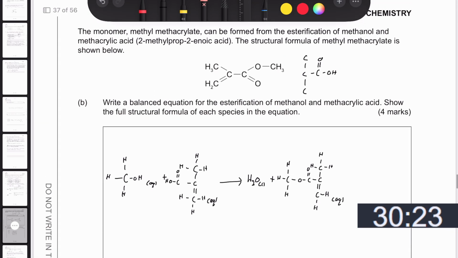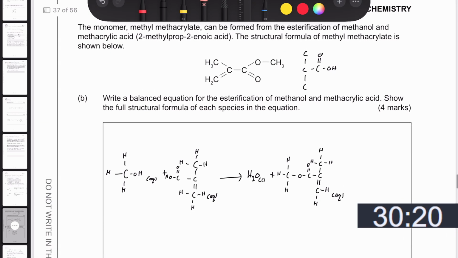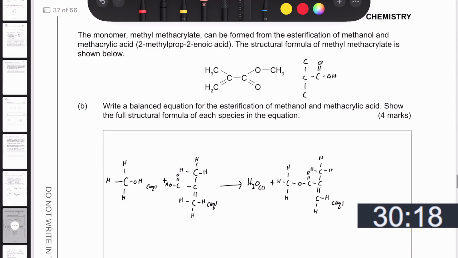I don't know what this propane-2-anoic acid is. Okay, whatever.